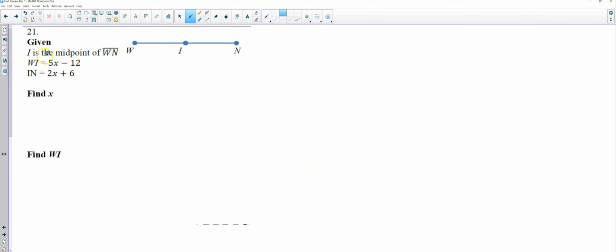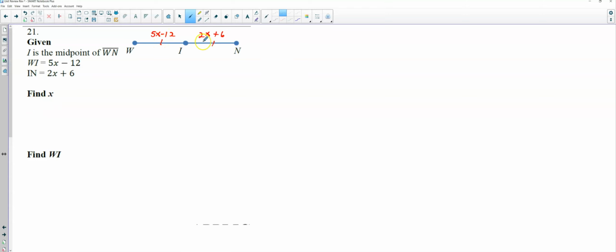Given I is the midpoint. Remember, if I is the midpoint, that means this must be congruent to this one. The midpoint cuts the segment into two congruent segments. Given WI is 5x minus 12 and IN is 2x plus 6. Find x.